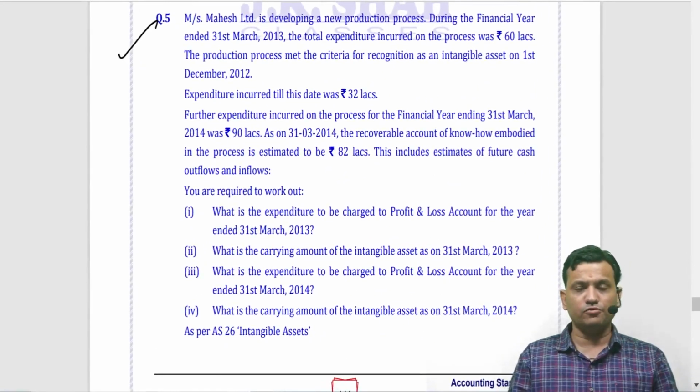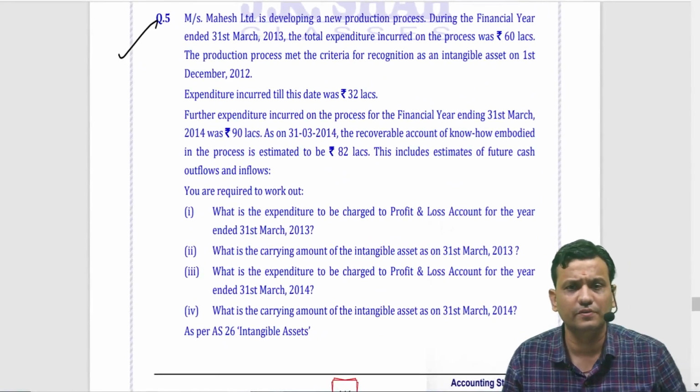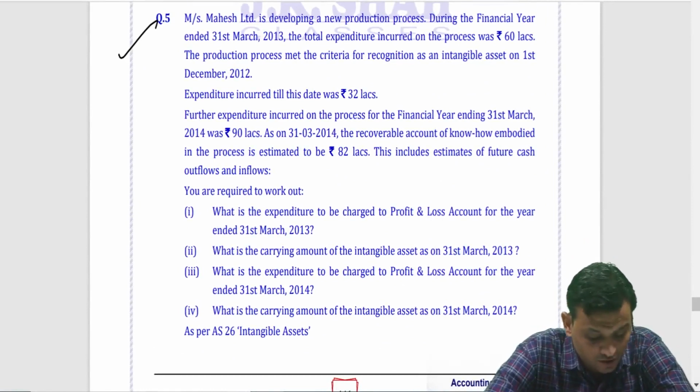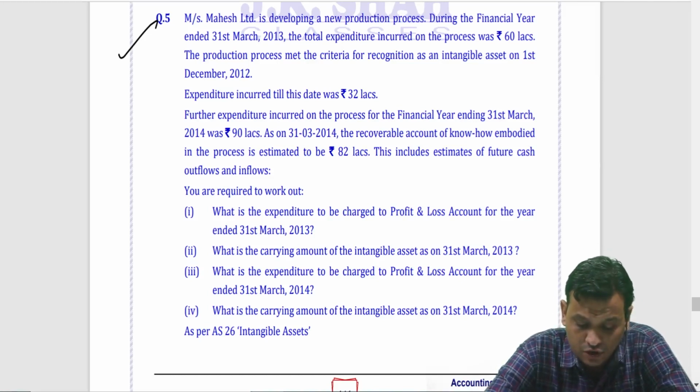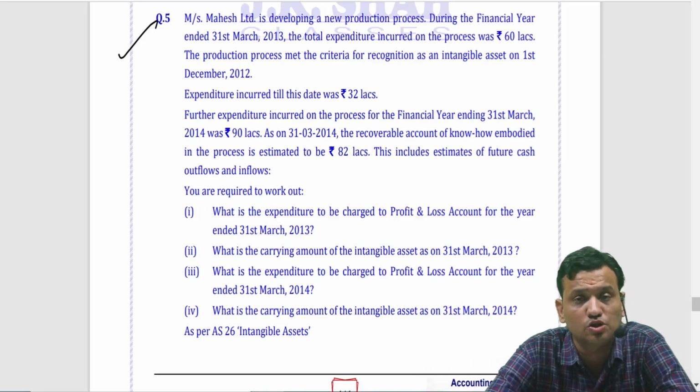Now, this type of questions we have done in the classwork, research and development type of questions, very important from the examination point of view. Messrs Mahesh Limited is developing a new production process. During the financial year ended on 31st March 2013, the total expenditure incurred on the process was 60 lakhs. The production process met the criteria for recognition as an intangible asset on 1st December 2012.